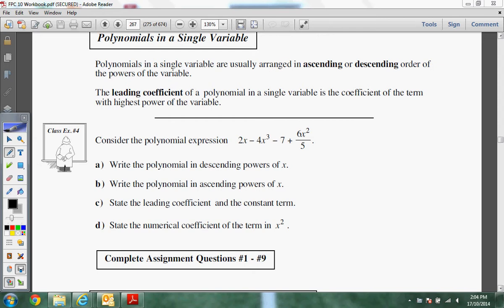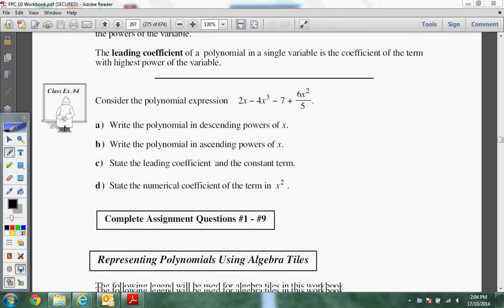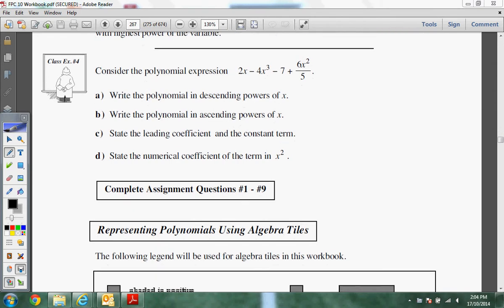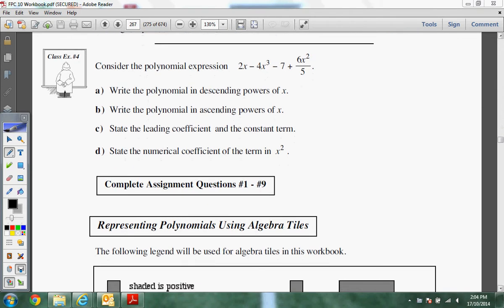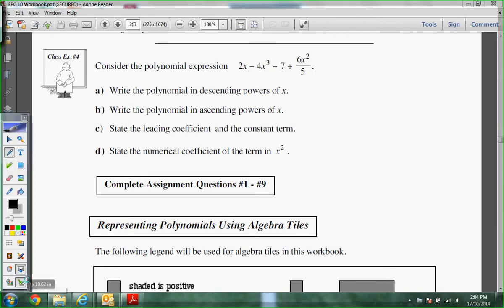Okay, and descending order is usually how things are written. So for example on this one, I'd like to put the x cubed usually first, with the x squared second, x third, the constant last. Remember, descending means decelerate, so you're slowing down. Ascending means you're writing them from smallest to biggest. So for descending, which is what you're going to see a lot in your books when you're doing all your factoring, is 4x cubed plus 6x squared over 5 plus 2x minus 7.